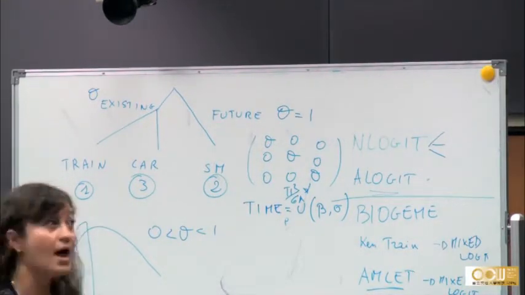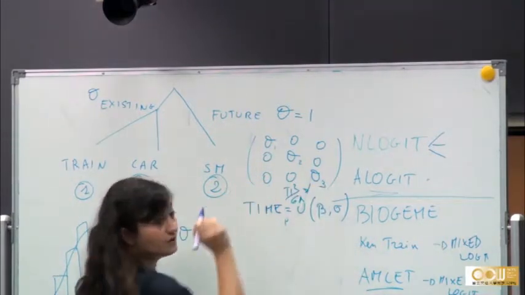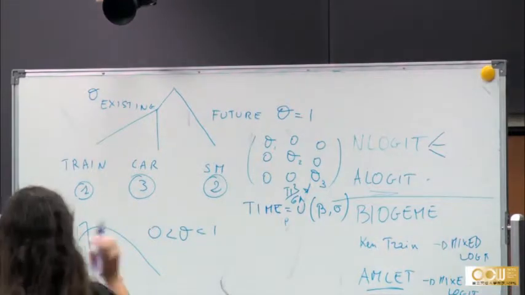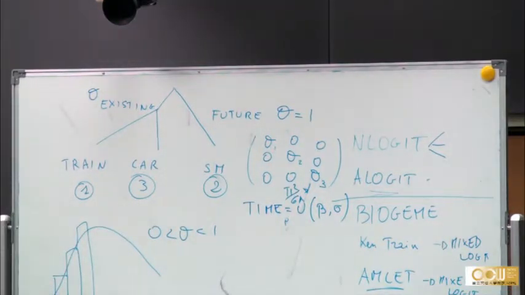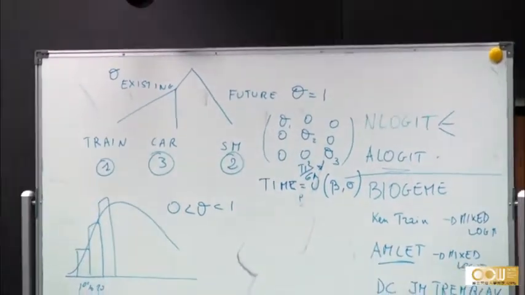Heteroscedastic model is when you have a sigma 1, sigma 2, and sigma 3. Right? Theta 1, theta 2. So you can do that in mixed logit if you give a sigma to each alternative specific constant. And this is exactly what is true.